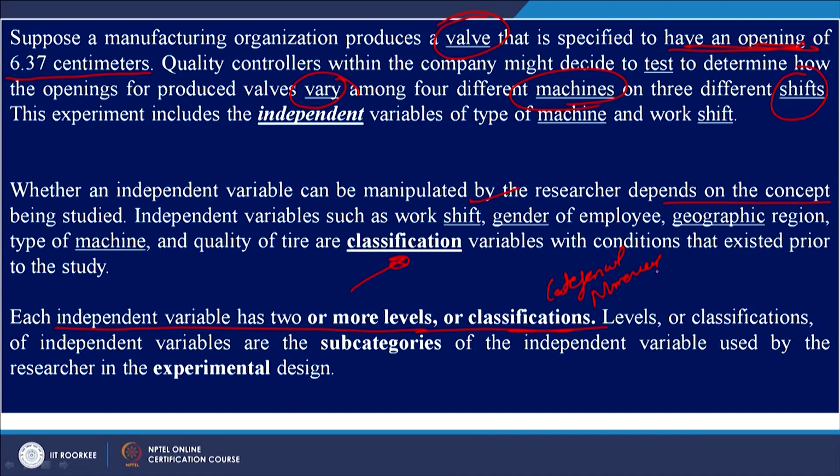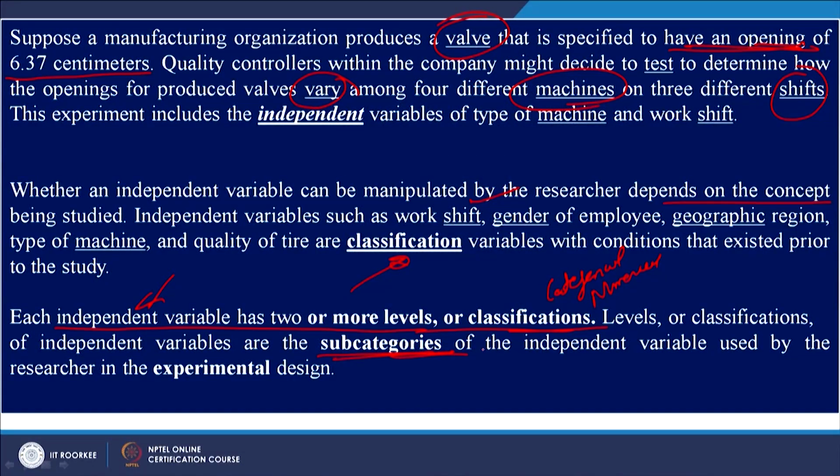Let us say gender is an independent variable. We can have male and female, these 2 levels of gender, or male, female and transgender, so for the gender independent variable there are 3 levels. These levels are different subcategories of the independent variable which we use in experimental design.